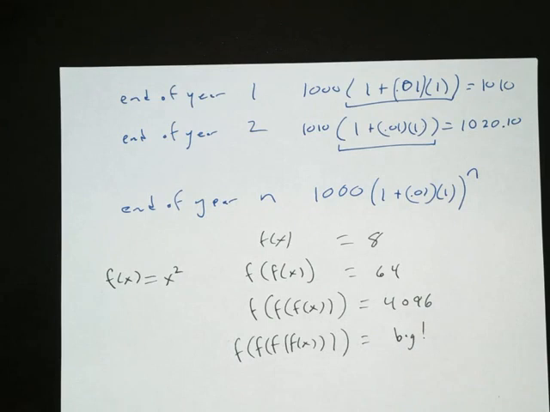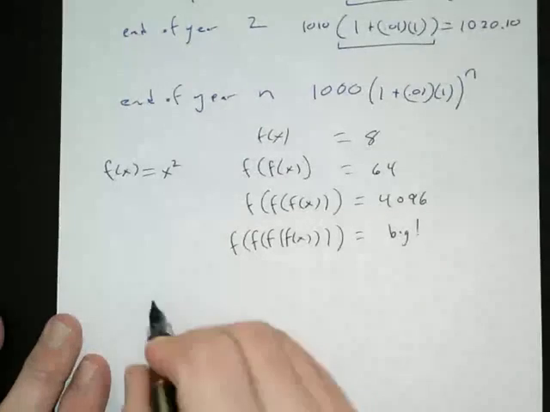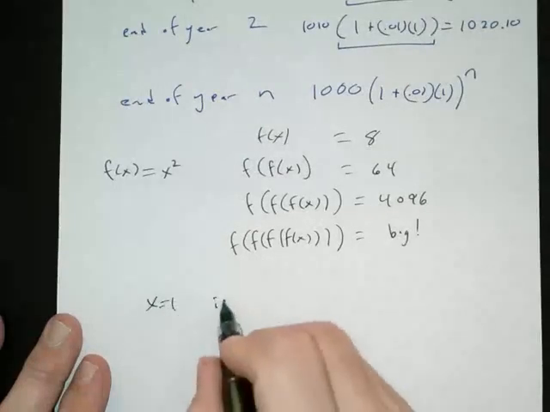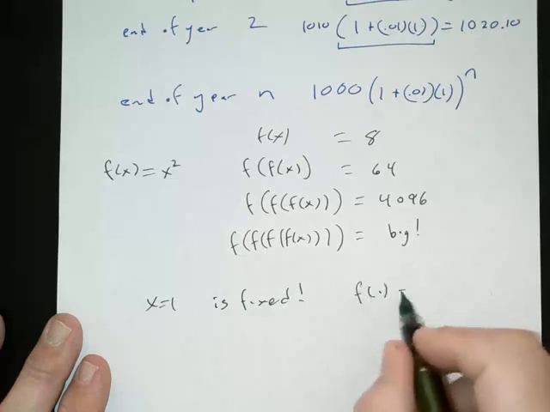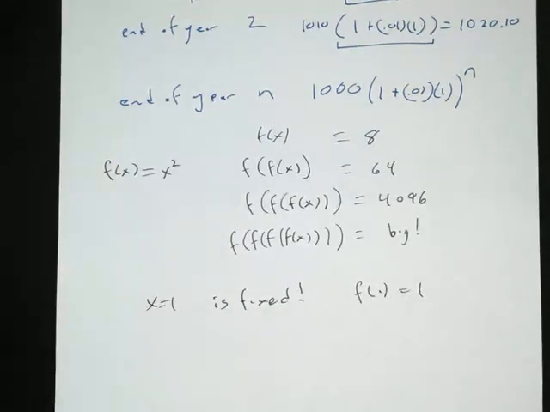Somebody give me another number. 1. 1 squared is 1. 1 doesn't go anywhere, does it? As a matter of fact, there's only one other number that stays fixed. 0, right?